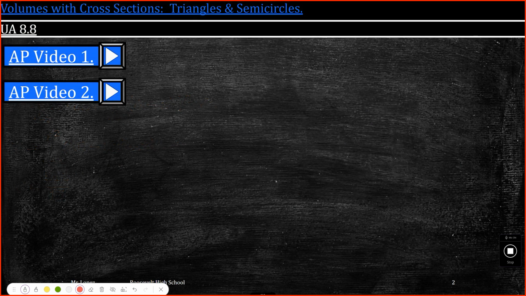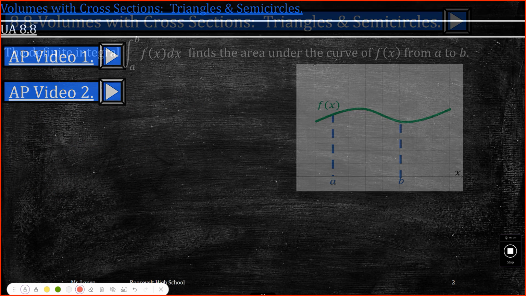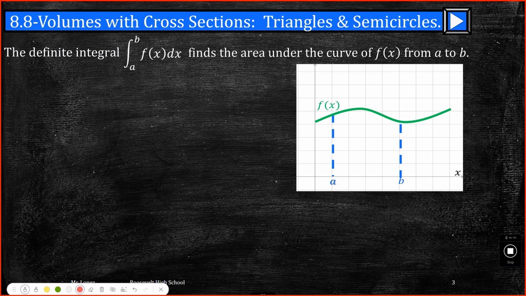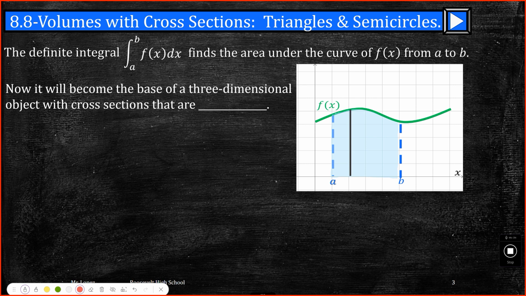So let's move on. Volumes with cross sections, triangles, and semicircles. We were supposed to do last Friday squares and rectangles, and we just did squares. We could have done the whole lesson at one time. The definite integral from a to b of f of x dx finds the area under the curve. Now it's going to become the base of a three-dimensional object with cross sections that are triangles and semicircles.